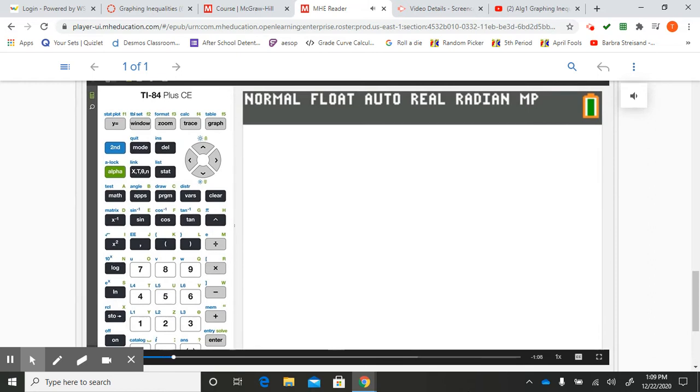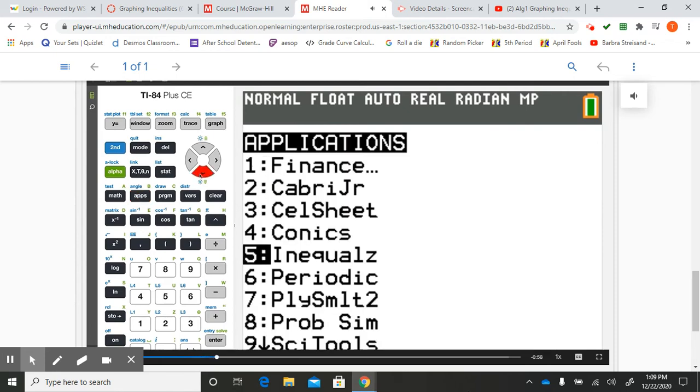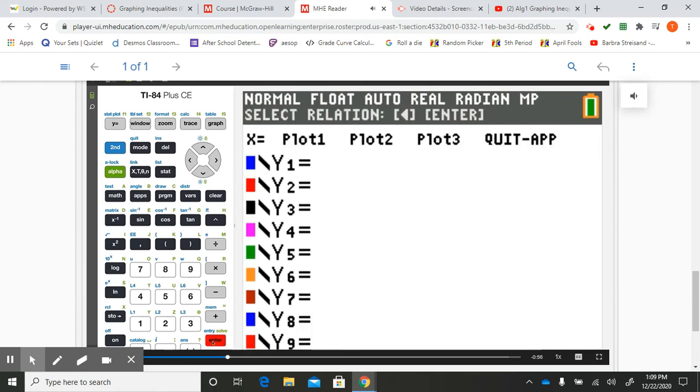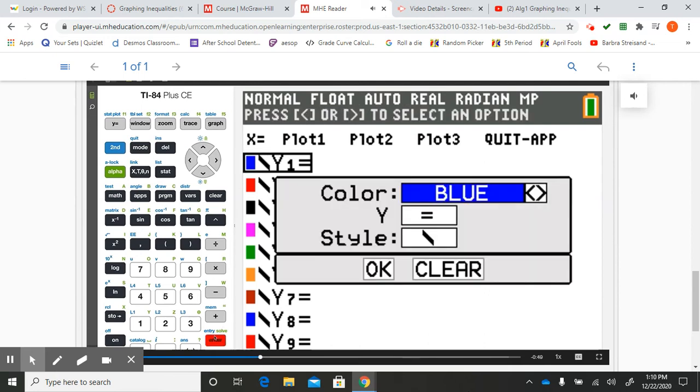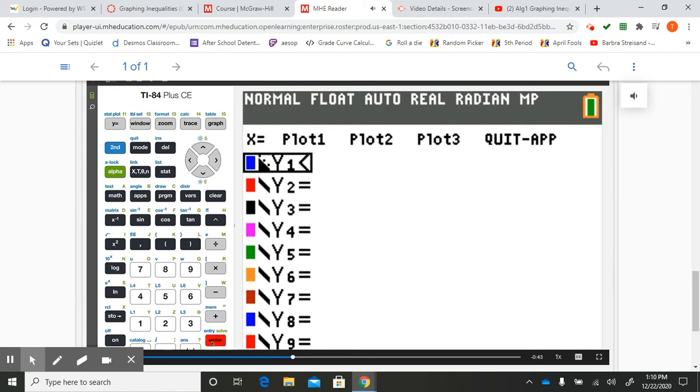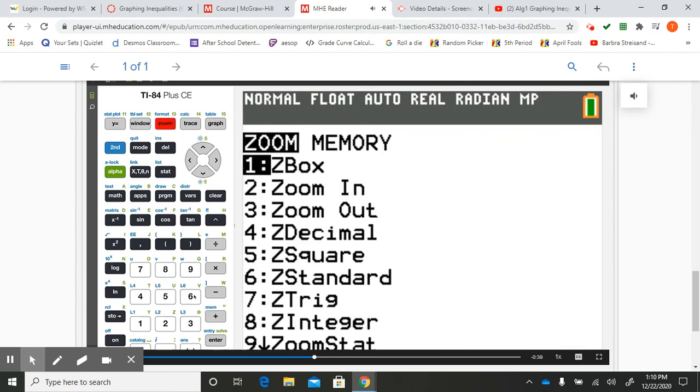To graph linear inequalities on a TI 84, download the inequality graphing feature. To enter an inequality, press Apps and select the Inequalities feature. Select the inequality symbol by highlighting Y1 and pressing Enter. Next to Y, use the left and right arrows to select the inequality symbol. Enter the inequality and graph in the standard viewing window.